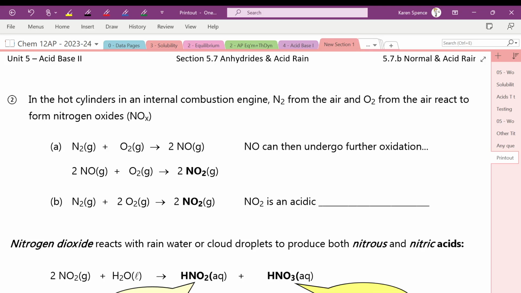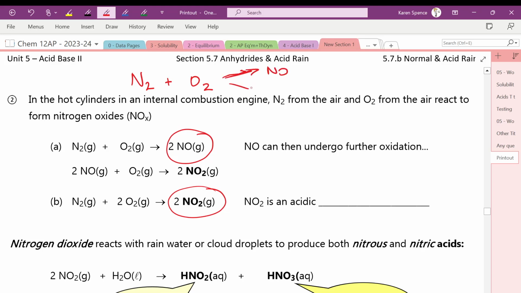Nitrogen, when it reacts with oxygen, you can get one of 2 things. You can either get NO or you can get NO2. So we have nitrogen plus oxygen gives either NO or NO2.